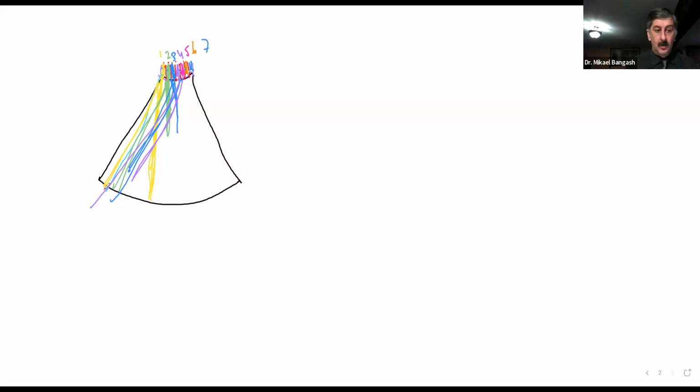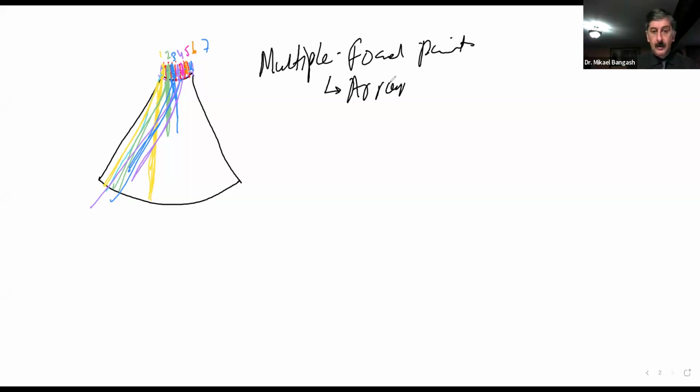Likewise, in most of our transducers, where we had multiple focal points, what we called array focusing.